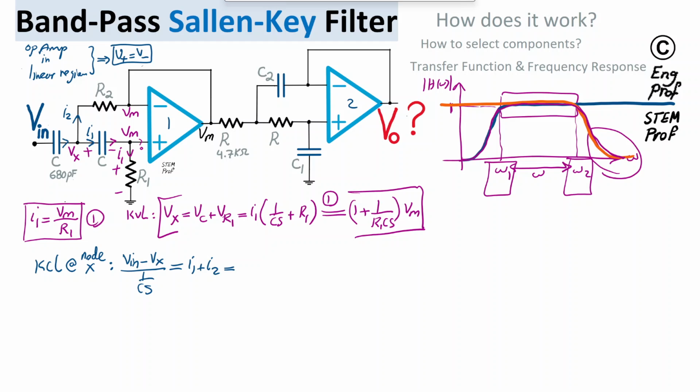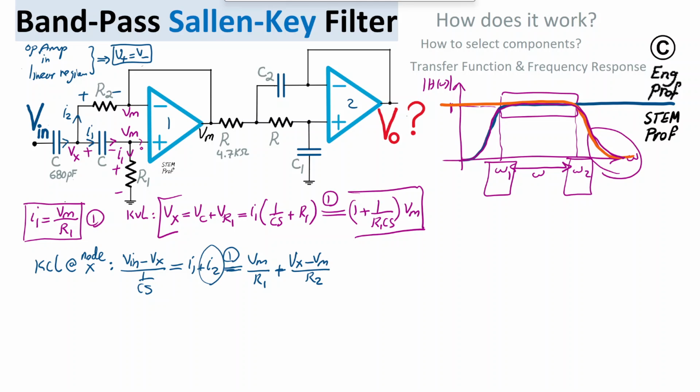Alright, so substituting for I1 from equation 1 again, here I get Vm over R1 plus I2. I2 is easy, because it is simply Vx minus Vm, the two voltages on the two sides of resistor R2. So I find the voltage drop across R2, and then divide by the value of resistor R2.